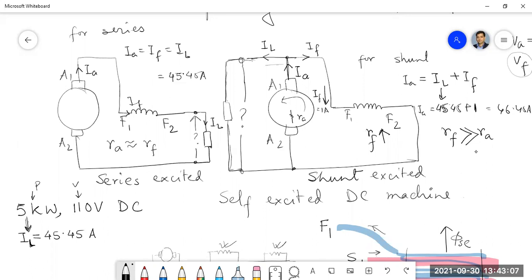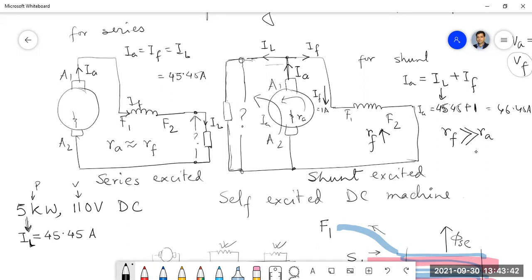Armature resistance we also keep very low as per the design, because the actual current flows through the armature only, so there is a huge power loss in the armature also. Therefore, during the design, we keep the armature resistance low. In this circuit there is loss in the armature and loss in the field, so both resistances should be kept low, and they are almost in the same range.